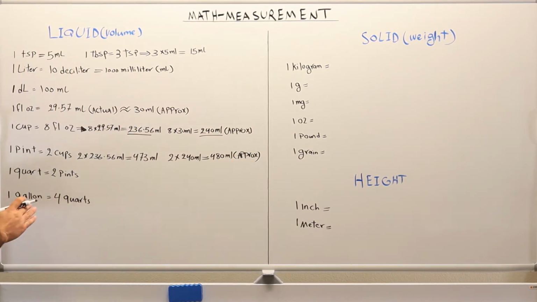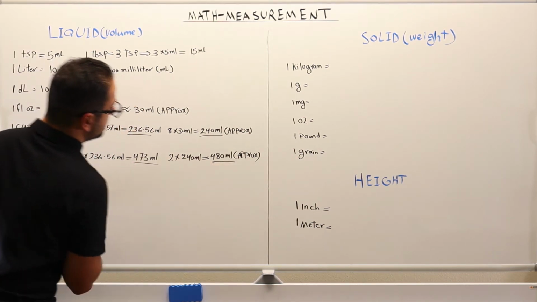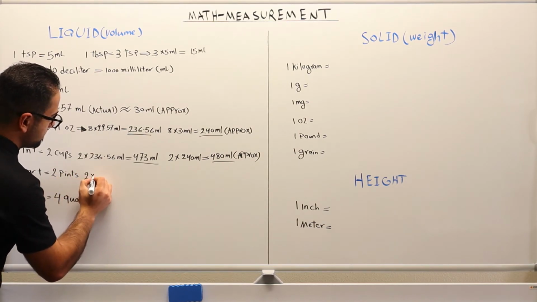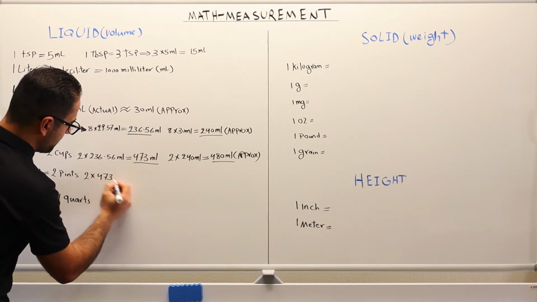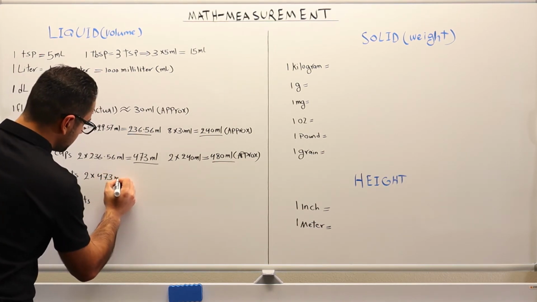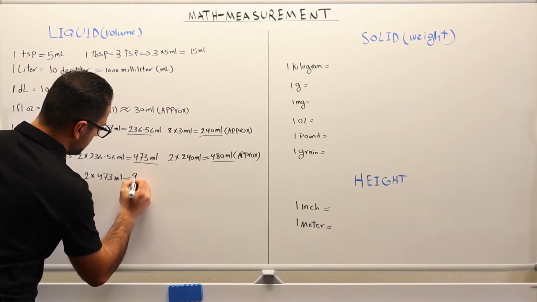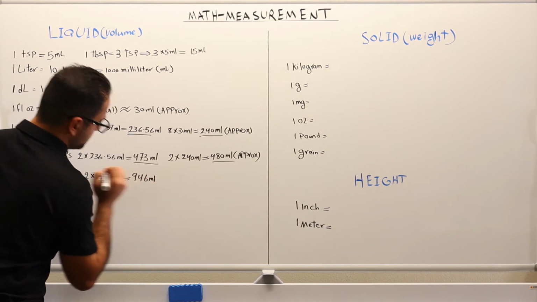All right. So now moving to quarts. We know that 1 quart is also equal to 2 pints. So what we need to do is multiply this value and this value by 2. So 2 times 473 milliliters is going to equal 946 milliliters.